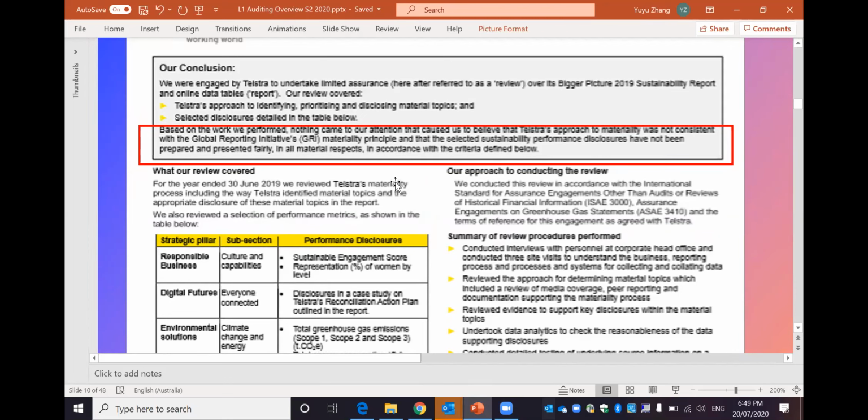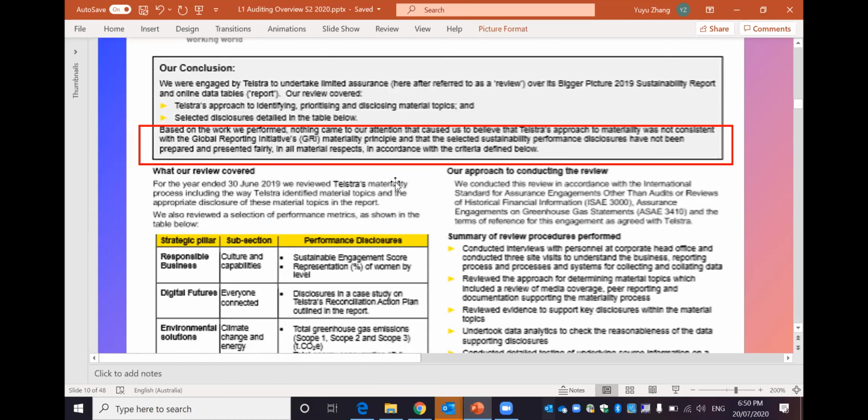They say, based on the work we performed, nothing came to our attention that caused us to believe Telstra's approach to materiality is not consistent with the Global Reporting Initiative's materiality principle, and the selected sustainability performance disclosures haven't been prepared and presented fairly in all material respects in accordance with the criteria defined below.